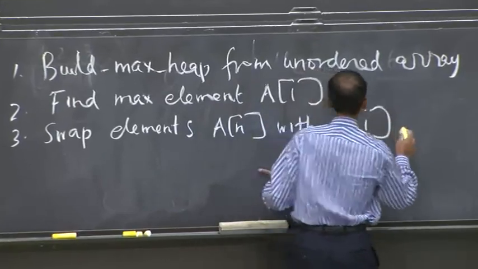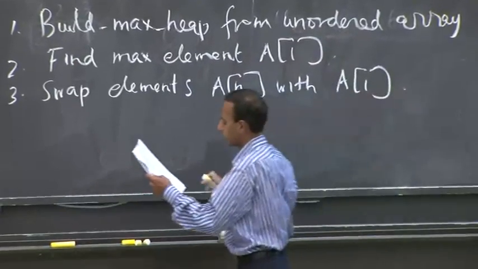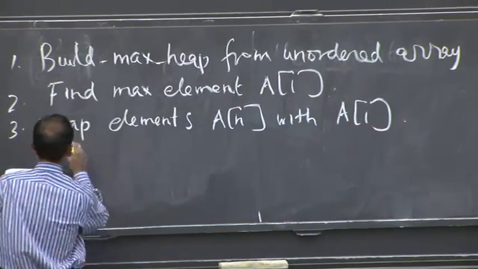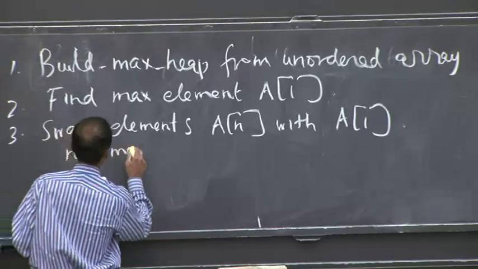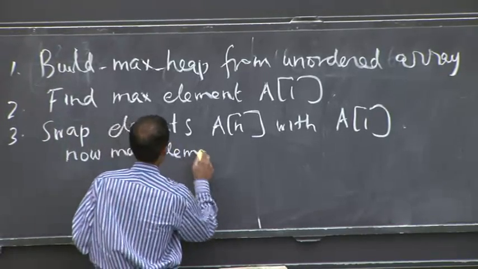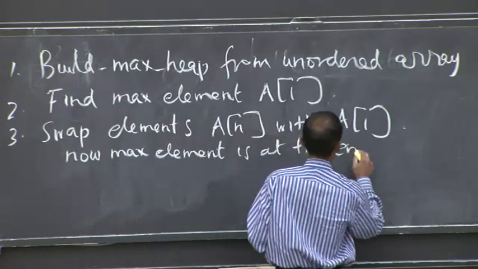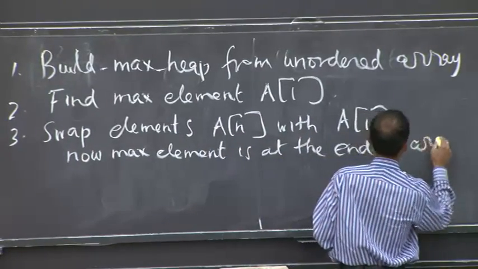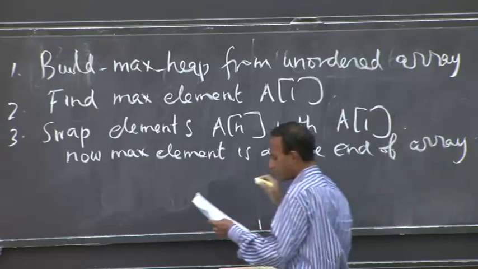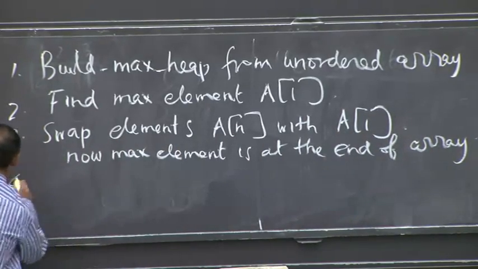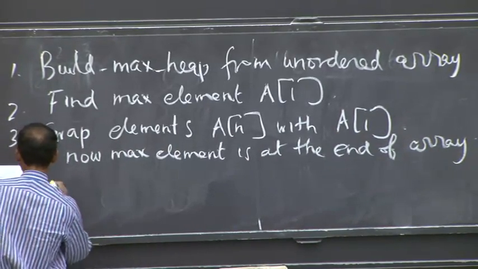Okay, and let me write this out and I'll explain exactly what that means. Now the maximum element is at the end of the array. Okay, when you do the swap. That's the one step that I'll have to spend another minute on.